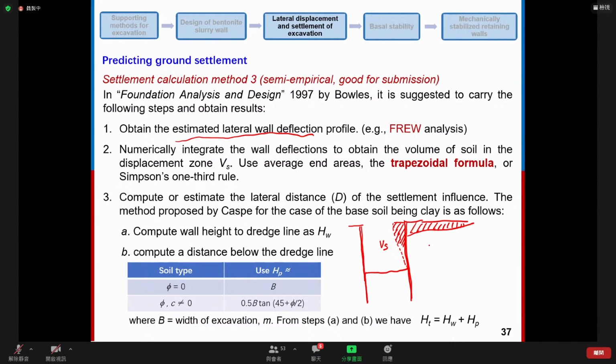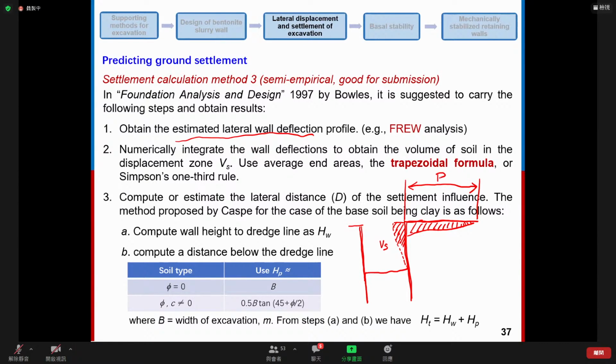Okay. In the next step, we need to estimate the lateral distance of the settlement. Here we have the settlement area. We need to determine how big the area is where the settlement is going to happen.